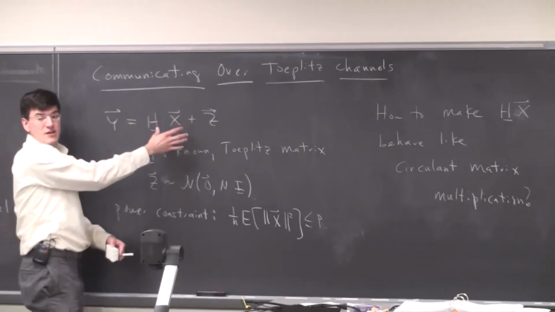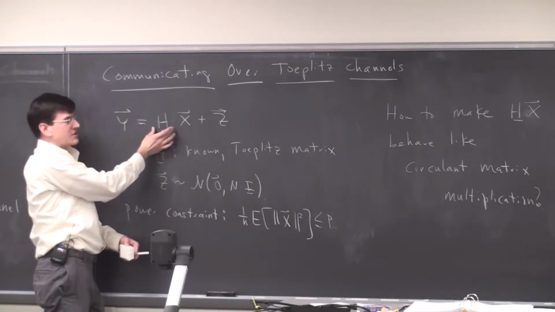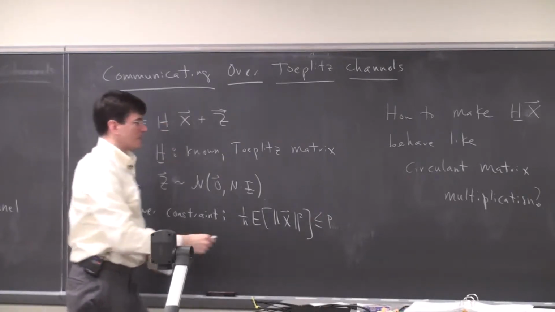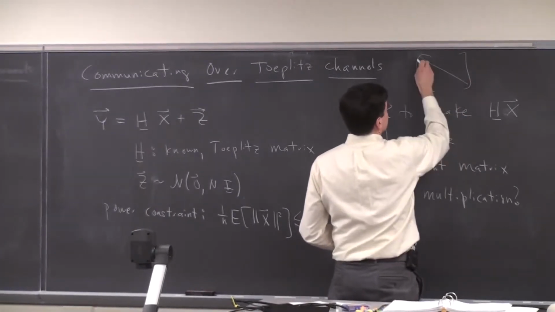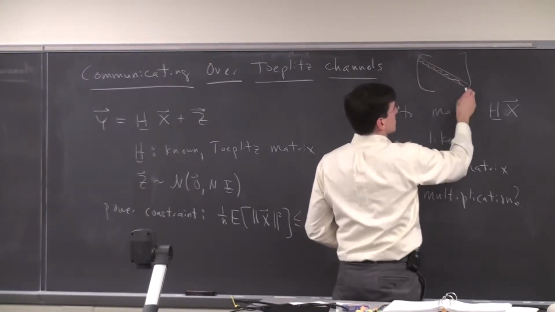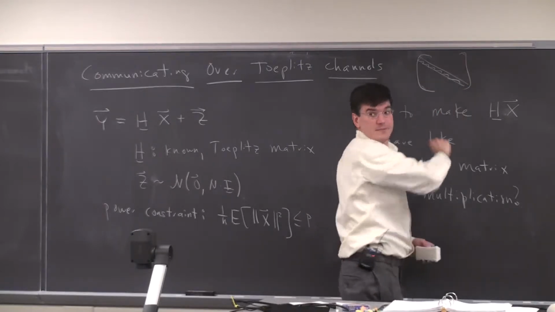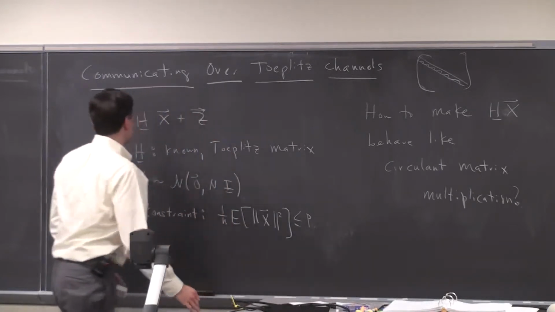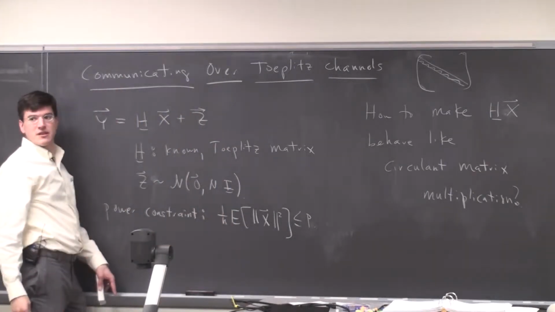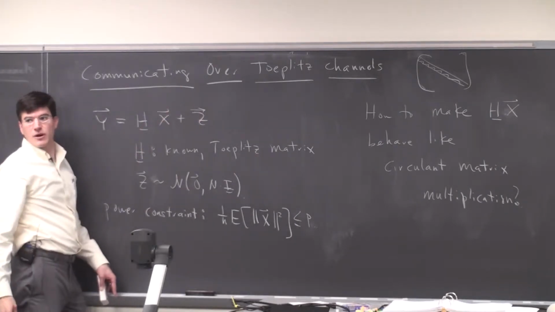Hypothetically, if n was really large here, and of course H has to be kind of banded, a small band of non-zero entries, so that whether you wrap around or not doesn't make a whole lot of difference. We talked about that back in the linear system section. If that's the situation, then you can just pretend H is circulant and blindly apply that architecture over there, and it'll work pretty well.